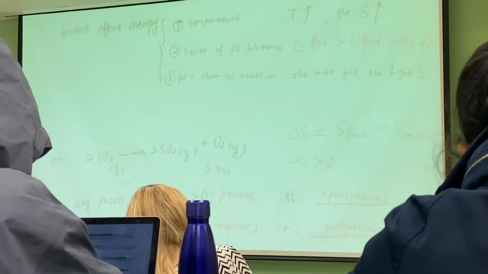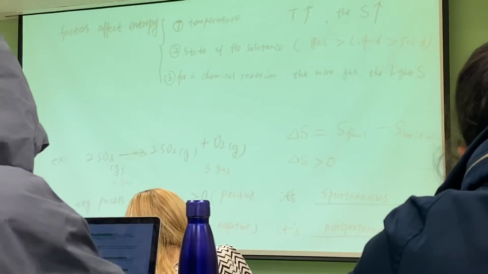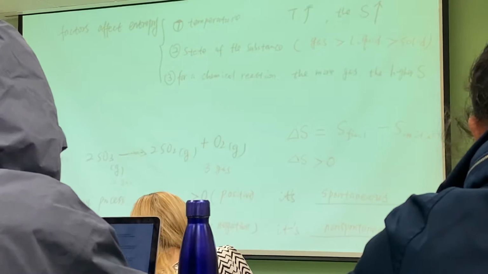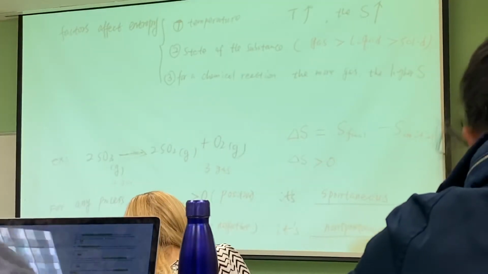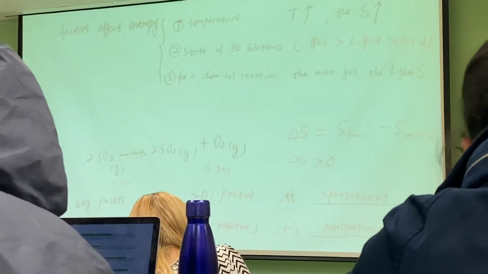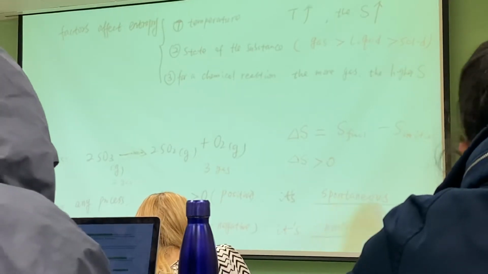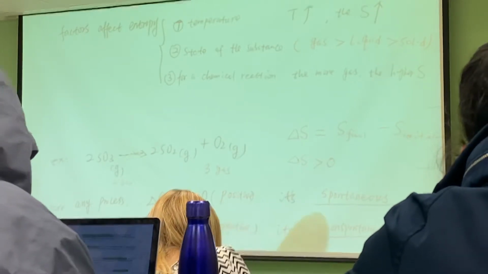Okay. So that is the concept of entropy and why we introduce entropy, because you need to know whether this reaction can go spontaneously or not in reality, right? If it cannot, you need to do something. So it is spontaneous only if your delta S is positive.